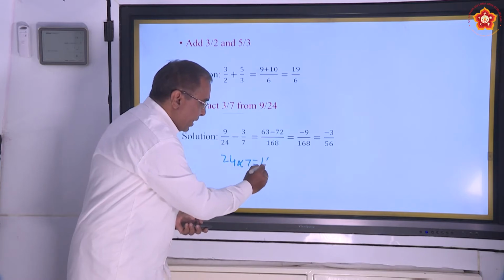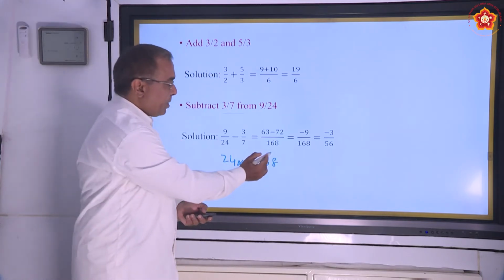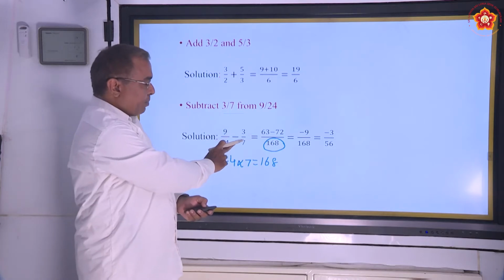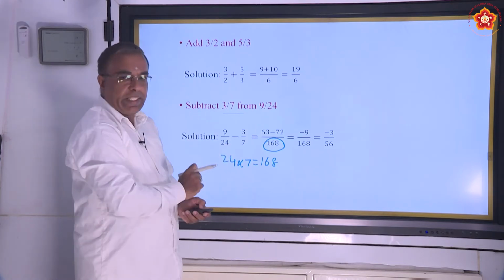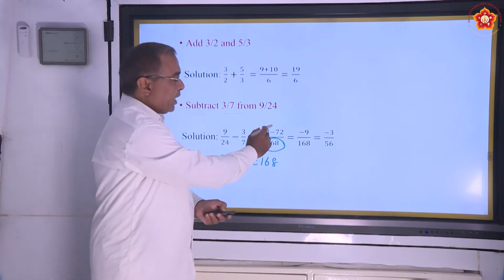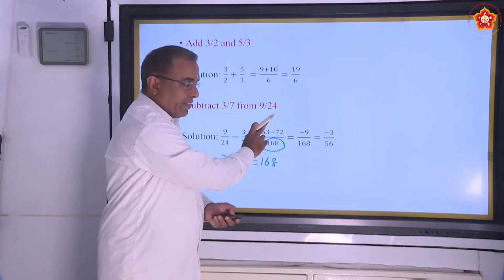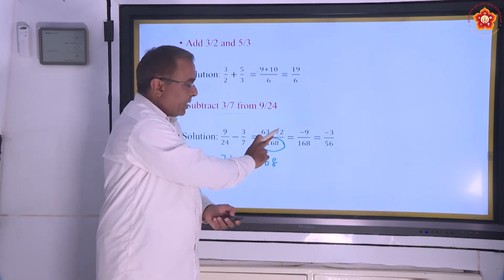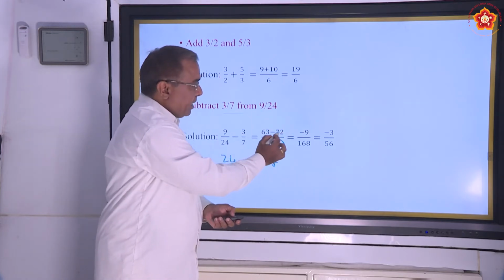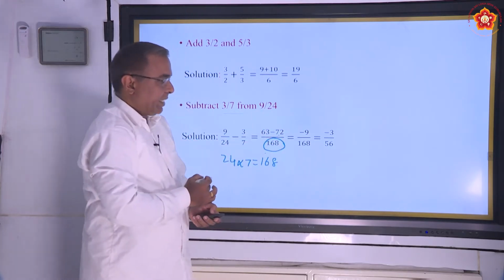If you multiply you will get 168, that is what I am writing in the denominator. Then as usual we cross multiply, 9 into 7 is 63 minus 3 into 24 is 72, 63 minus 72. Here the bigger number is 72, what sign does it have? Negative sign. So, we put the same negative sign here. So, that will be minus 9 by 168.